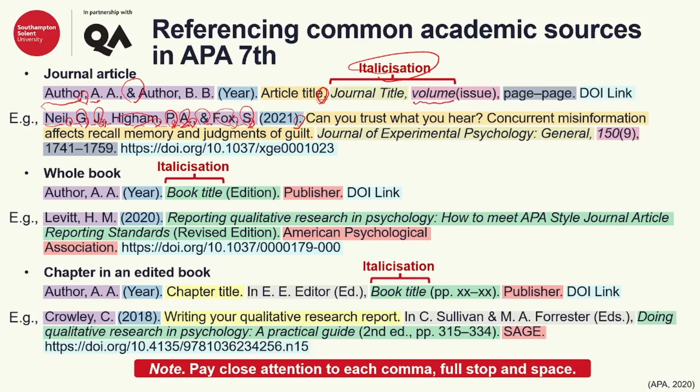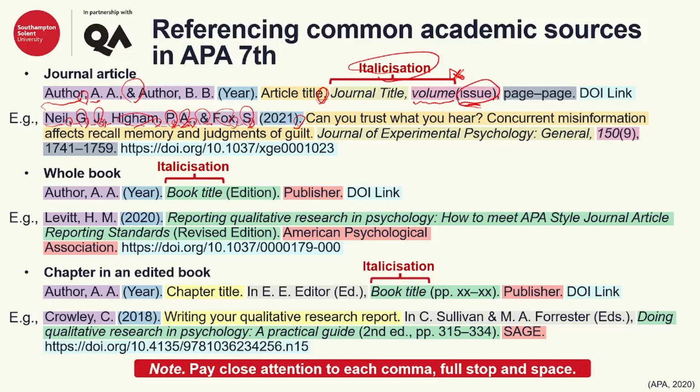The issue number appears immediately after the volume number in round brackets. There should be no space between the volume and the opening bracket. The issue number is not italicized.